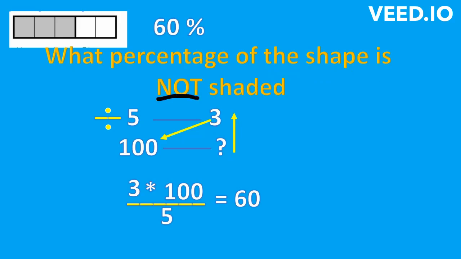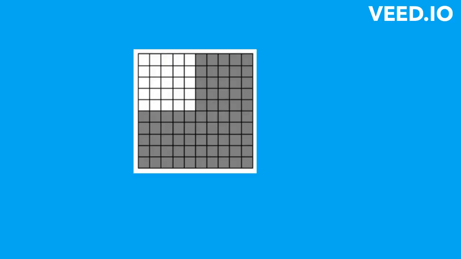Then we just have to subtract this number from 100 to get the percentage that is not shaded. We have a shape here that we will do in the classroom together to find what percentage is shaded.